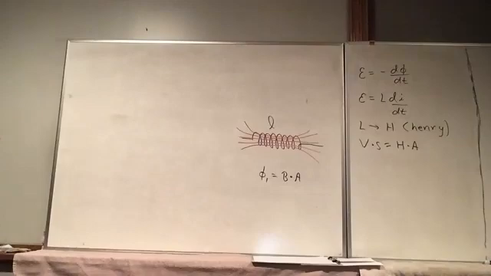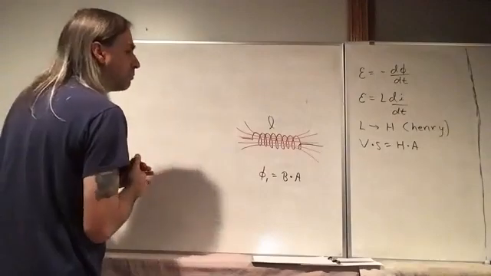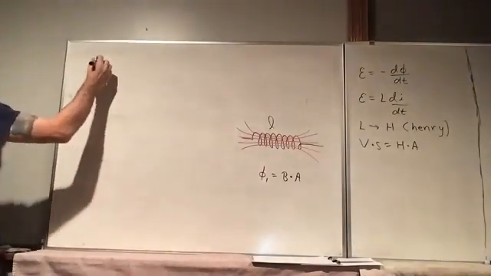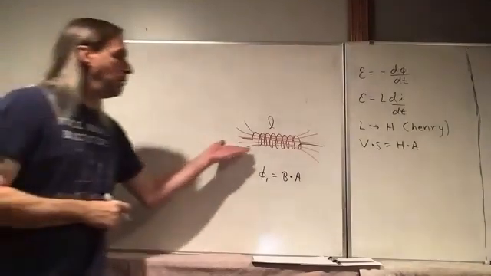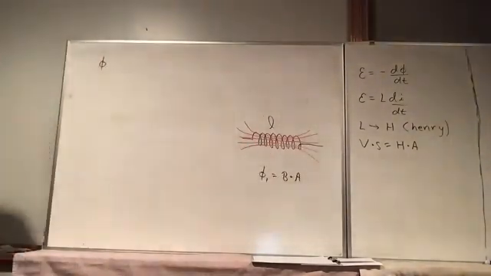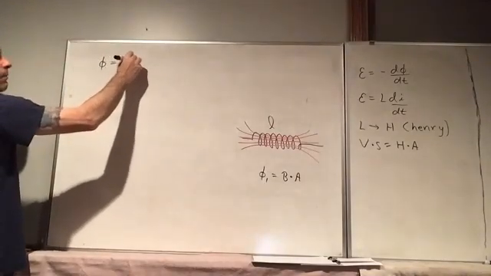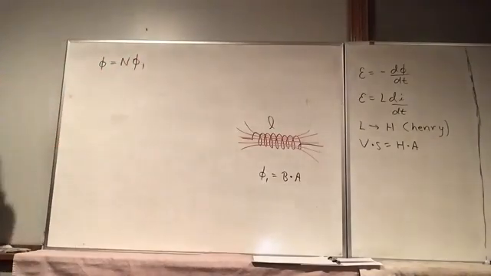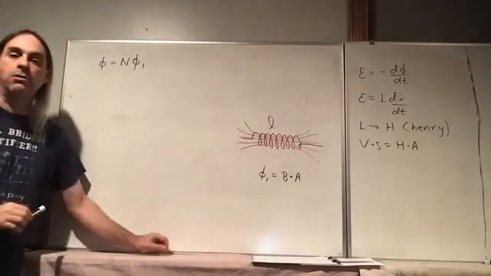So to start off, we can look at Faraday's law. Let's say phi is the flux through the solenoid. And to a good approximation, we can say that's equal to N times phi 1, where phi 1 is the flux through a single coil.